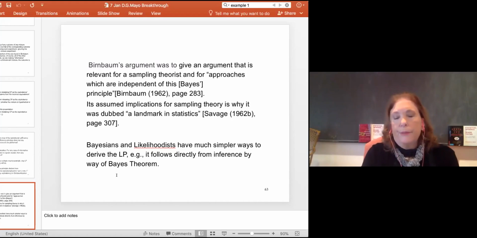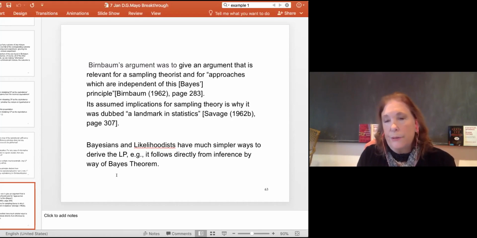Yes, let's not confuse the argument of Birnbaum's, which was supposed to be a deductive argument, with inferences within statistical accounts, which involve deductive components and inductive ones.